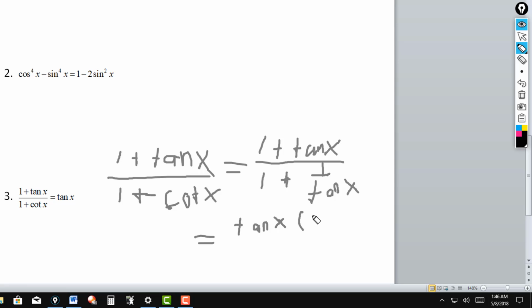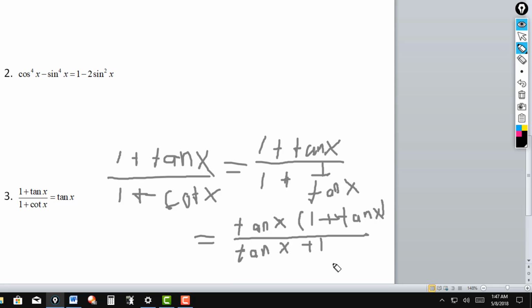So tangent x times 1 plus tangent x. Then multiply the bottom by tangent x. So tangent x times 1 is tangent x. And then tangent x times 1 over tangent x, the tangents cancel out and I get 1.